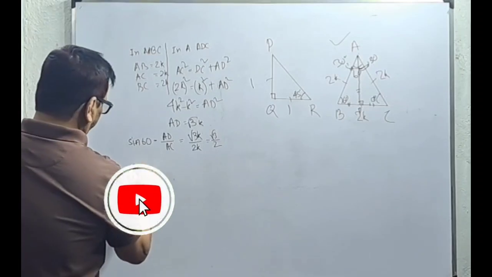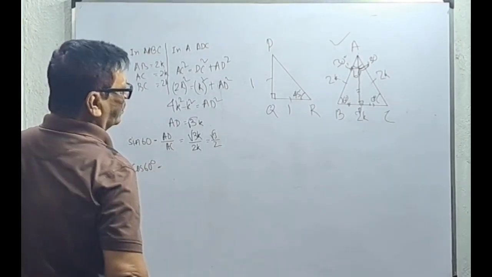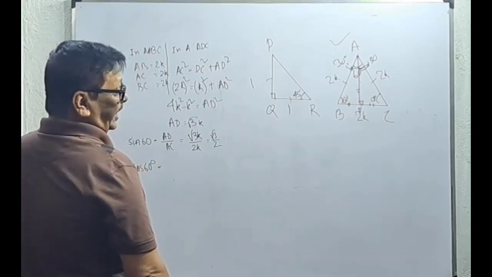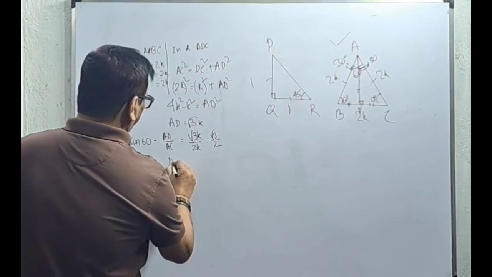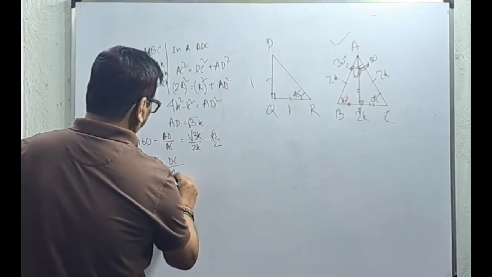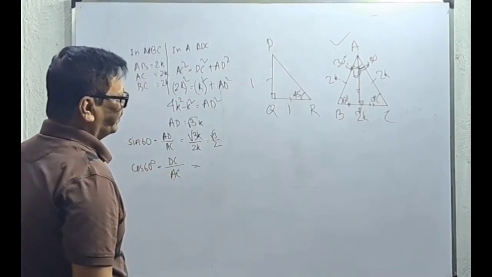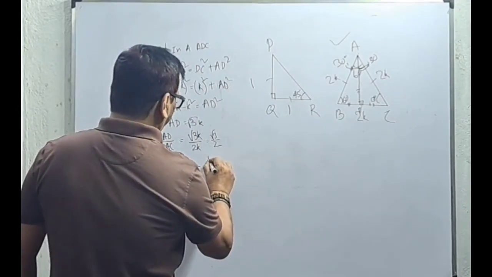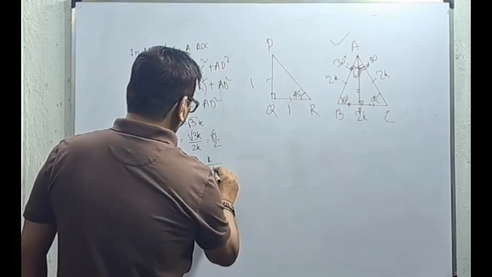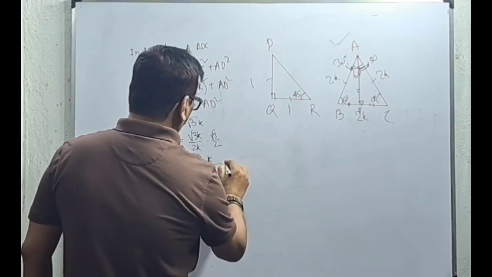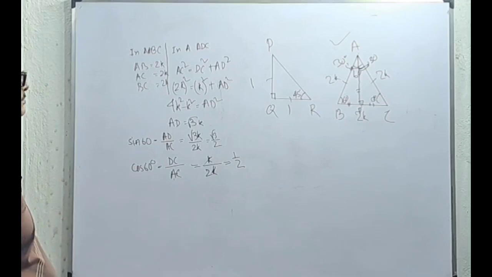Now cos 60 degree will be equal to base by hypotenuse, right? So DC by AC. Okay. That is K by 2K, which is 1 by 2. Correct? See it tallies.